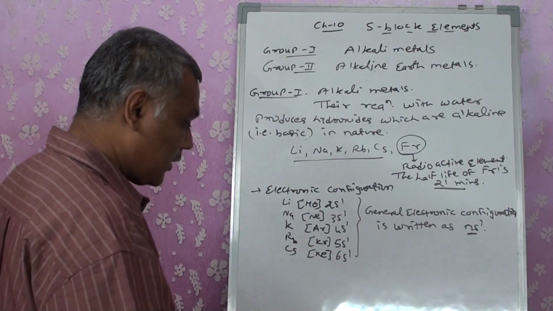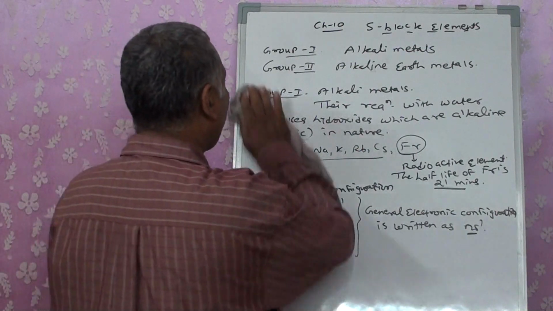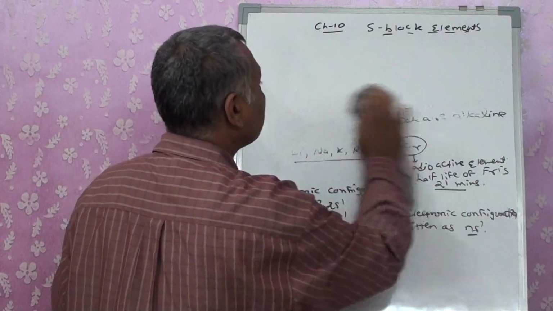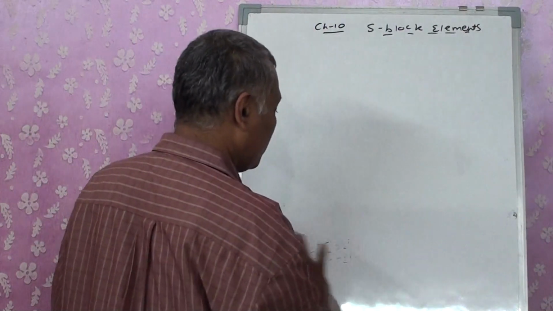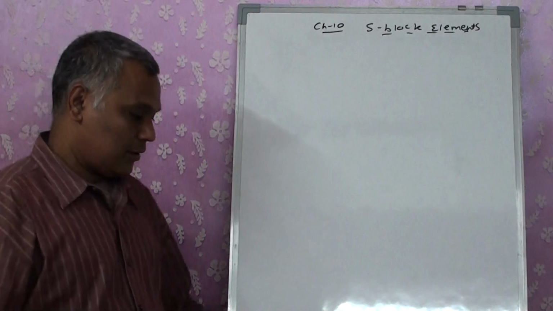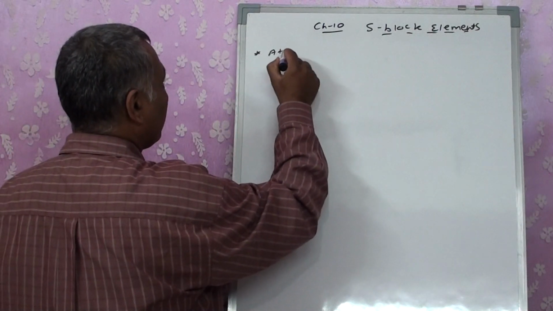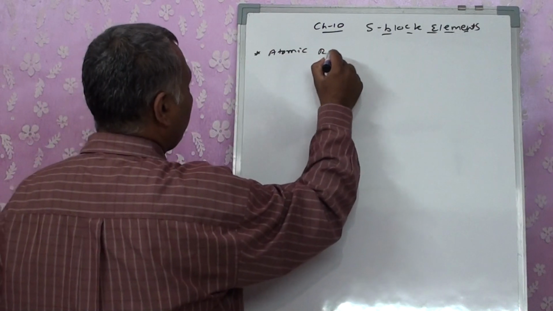That is for its electronic configuration. Now, if we go to its other properties, other general trends for this group, the next one is related to the atomic radii.